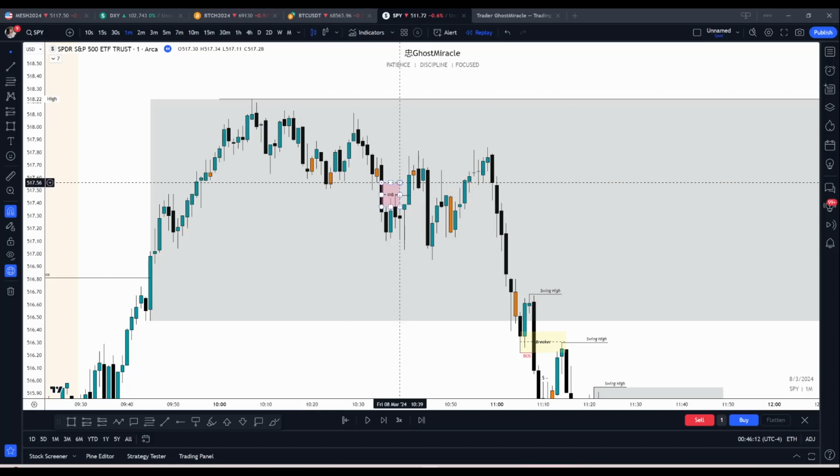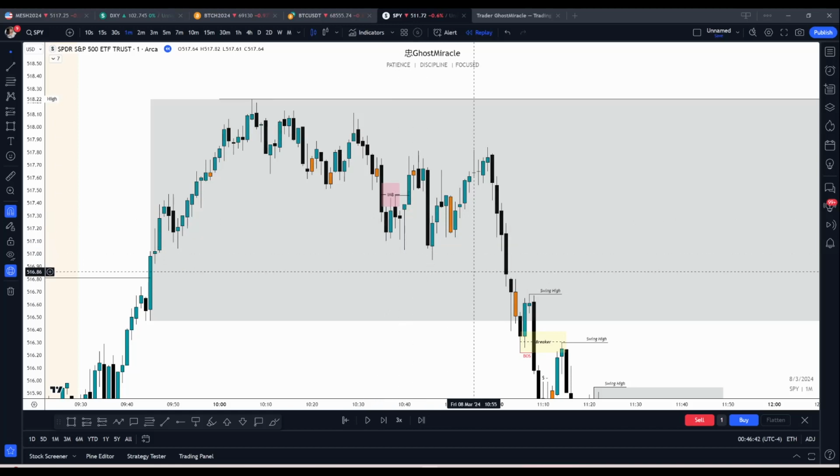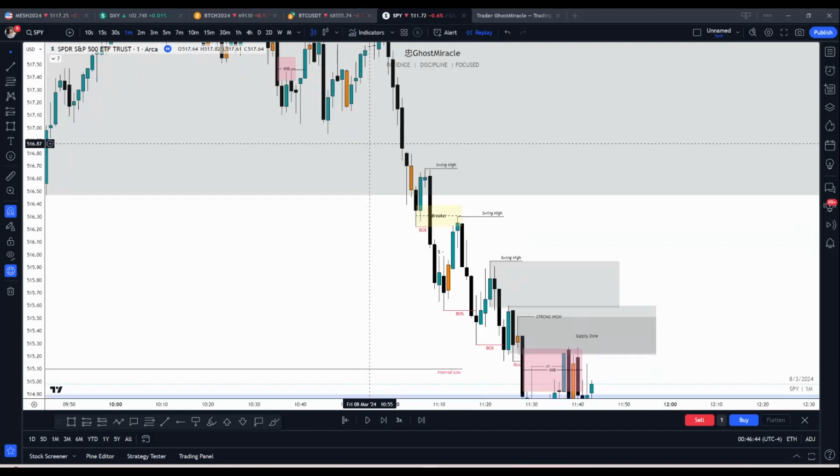It filled some of the imbalance, but it didn't fill 100%, and it didn't mitigate into any supply and demand zone, which led to it being broken later on after price broke this low technically. So the imbalance worked to push price down to break the low that was pushing into it. However, since the supply and demand was never mitigated, price continued to go back up after it broke this low.